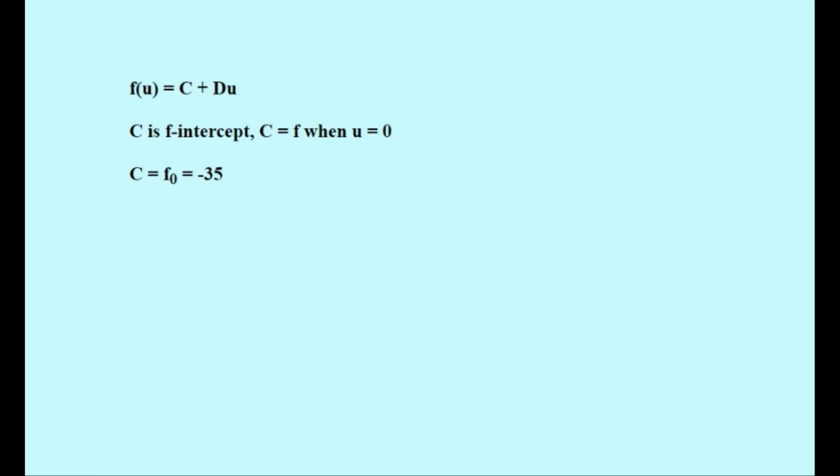So it was very convenient to find f0. c is also equal to the f-intercept where it crosses the f-axis. d is equal to the slope of the line and is given by this equation. And so it simplifies to this. So it was also very convenient to find f1 using u is equal to 1.